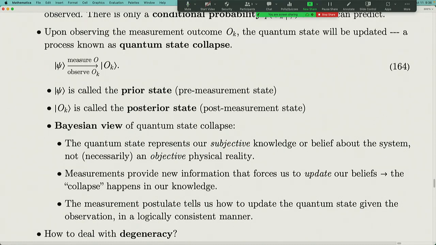Okay? This idea of prior and posterior actually originated from classical probability theory. So there is a Bayesian view of this quantum state collapse. I know this is a very difficult process to understand because we never talk about in detail how this happens.